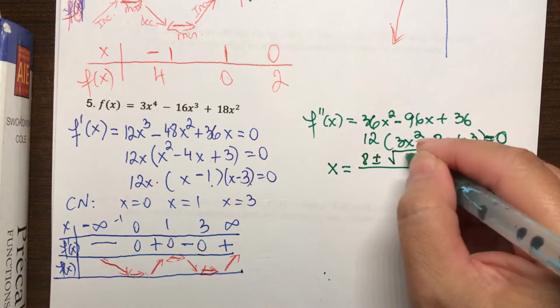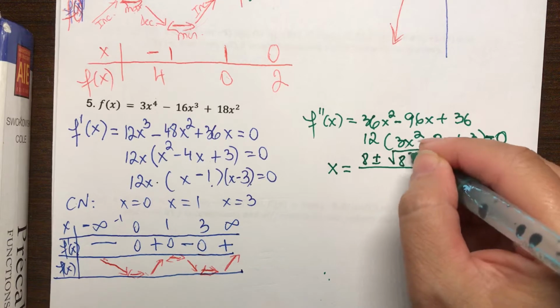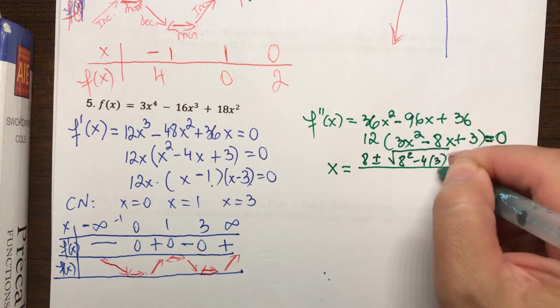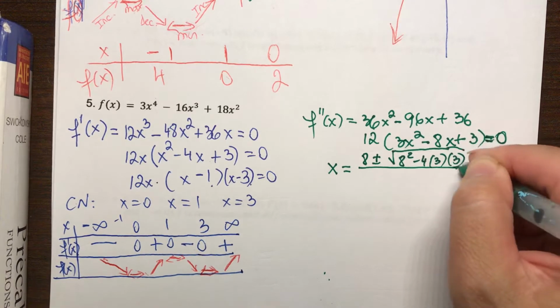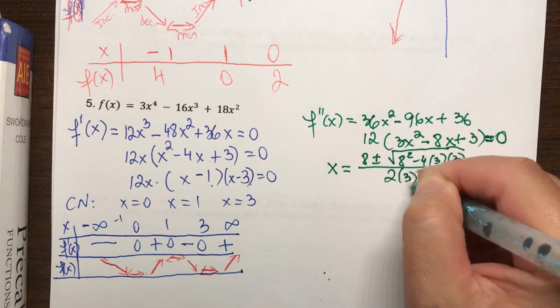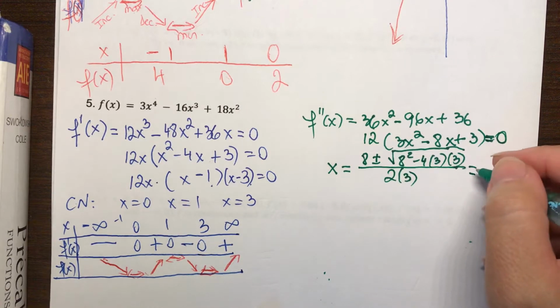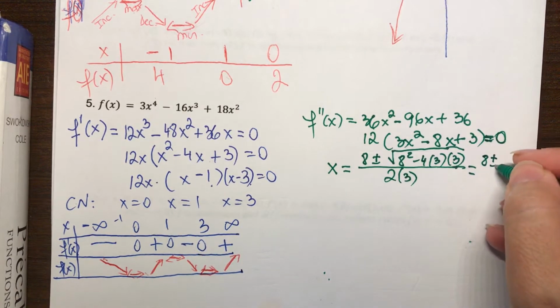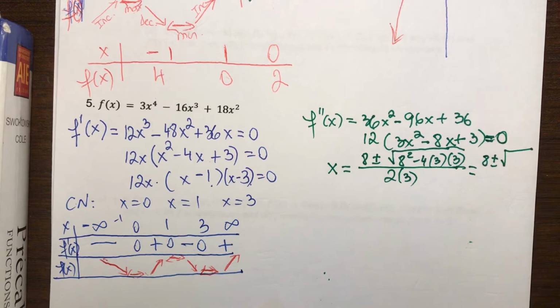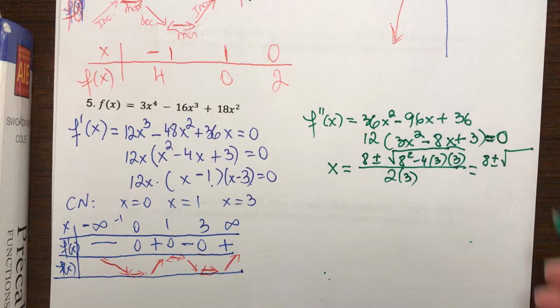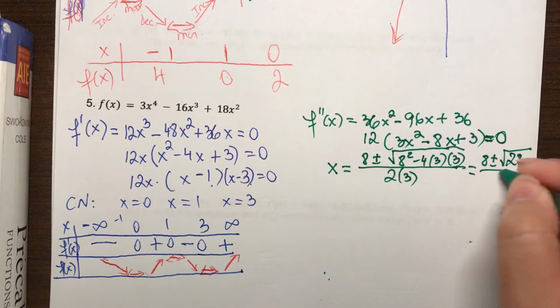Okay, so negative b plus or minus the square root of b squared, which is 8 squared minus 4 times 3, over 2 times 3. Plug it in, that's going to be 8 plus or minus the square root of 64 minus 36, that's 28, divided by 6.